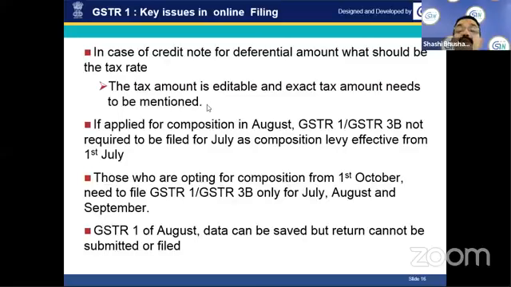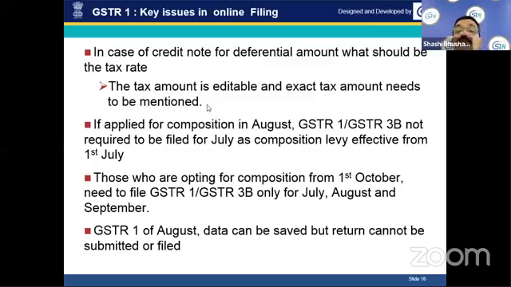But as per law, this composition levy was effective from 1st July. So they have to file their composition return for the quarter July, August, September, which will be available soon on the portal this month. And they are not required to file GSTR 1 or 3B for the month of July if they have opted for composition before the August 16 deadline.